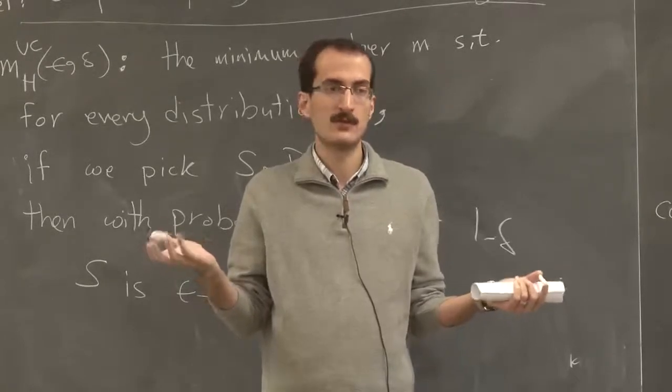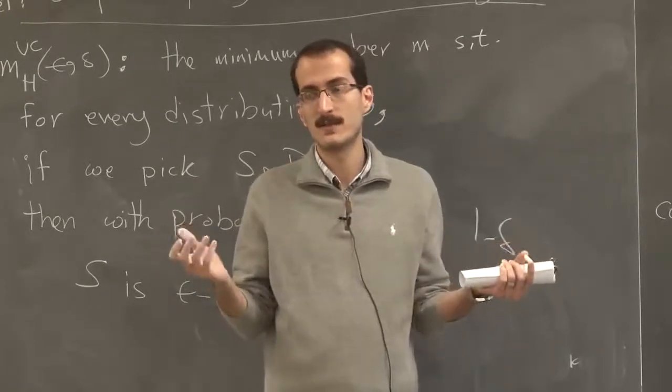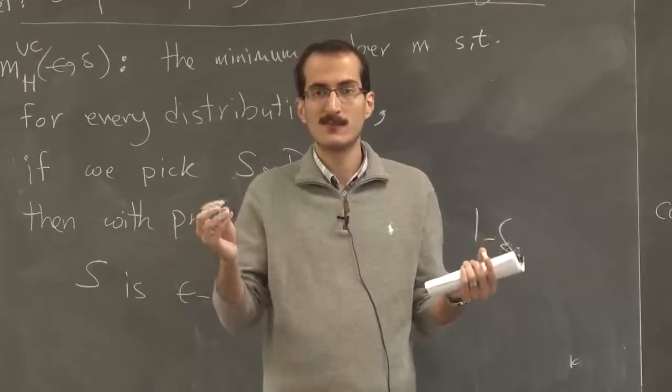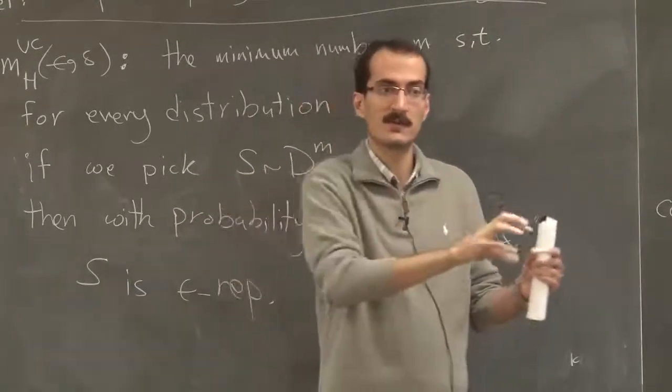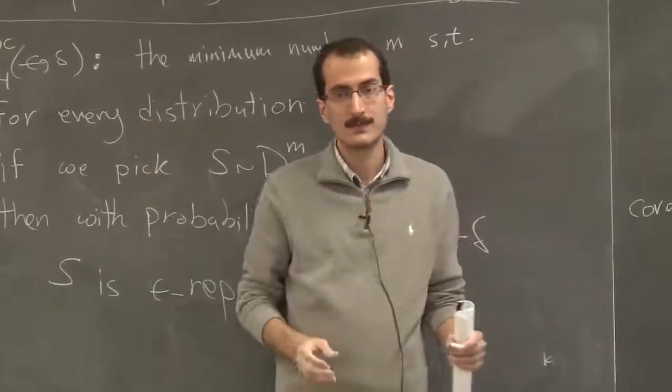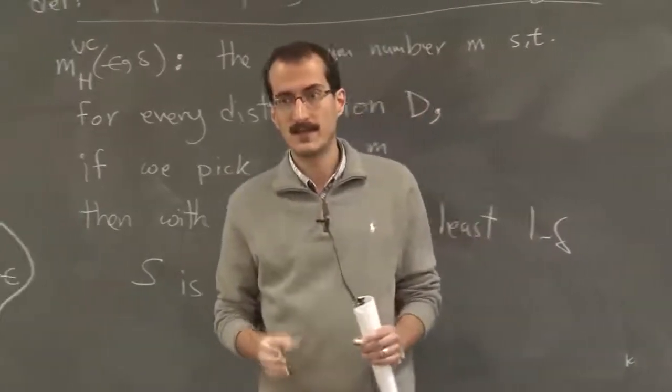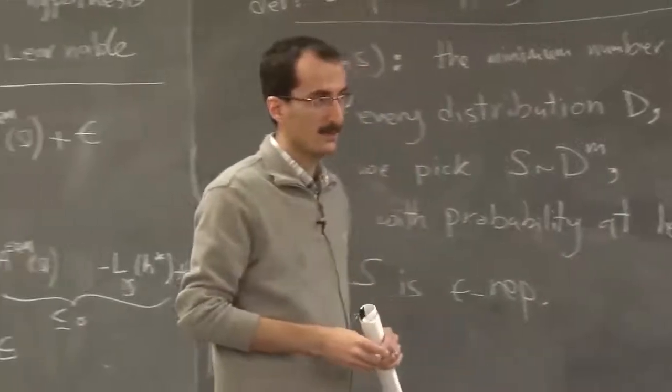So this is a union bound, right? We say that because the probability that one of them fails is less than the probability that this one fails plus the probability that this one fails. That's the idea for the second step.